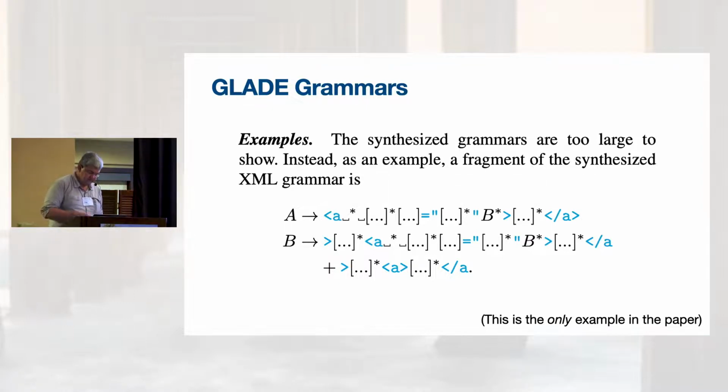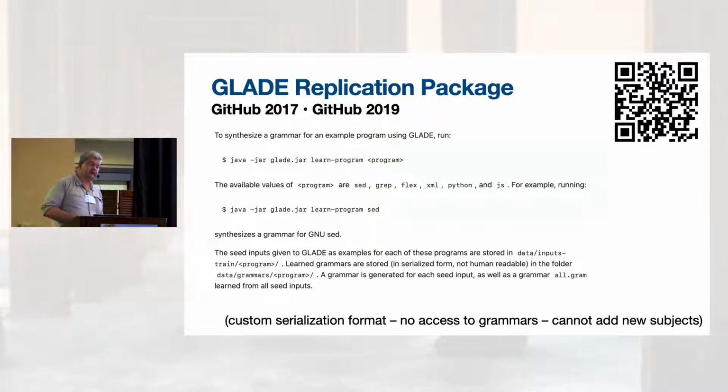The GLADE authors provided replication packages two times, in 2017 and 2019. You would assume that these allow you to run GLADE on arbitrary programs. That is not the case. It pretty much hard-codes the six programs from the paper. Also, it does not give you access to the grammars that are mined at all.